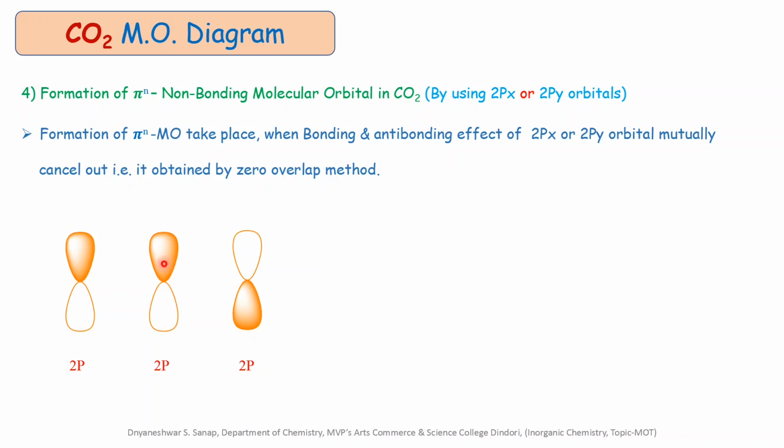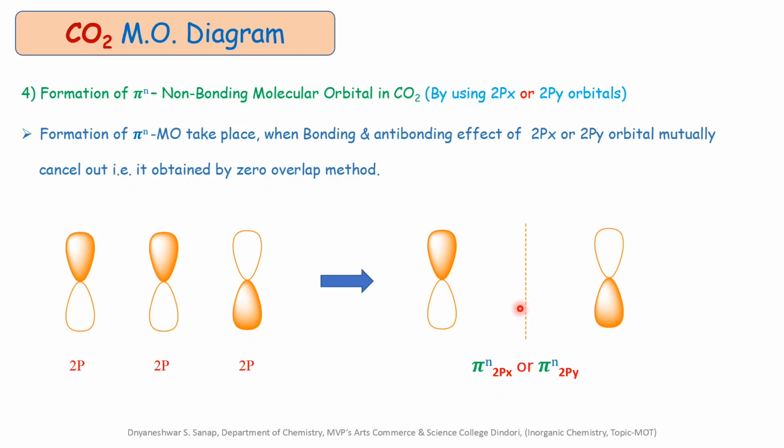And when the same carbon atom 2px or 2py atomic orbital combines with the destructive phenomena, it produces the antibonding molecular orbital, resulting in the formation of one node at the center of carbon atom, and it results in the formation of pi non-bonding 2px and pi non-bonding 2py molecular orbitals in the CO2. From this representation, the idea of how the bonding and antibonding molecular orbitals in the CO2 molecule are formed is cleared. Let us start the actual drawing of the molecular orbital diagram for the CO2 molecule.